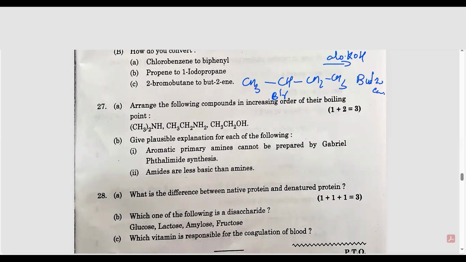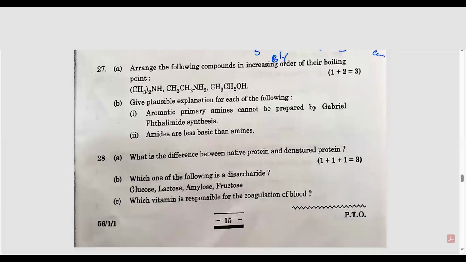Moving to the next question: arrange the following compounds in increasing order of their boiling points. Here, this is a secondary amine, this is a primary amine, this is an alcohol. We know that alcohols have a high boiling point because of strong hydrogen bonding.